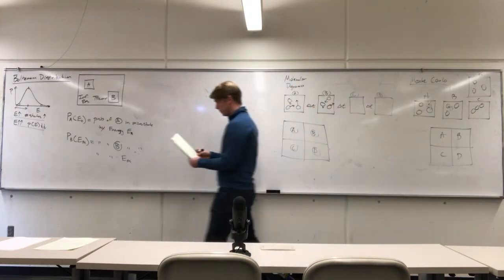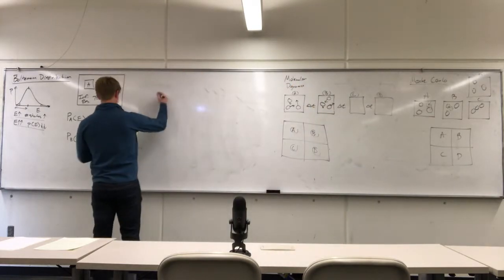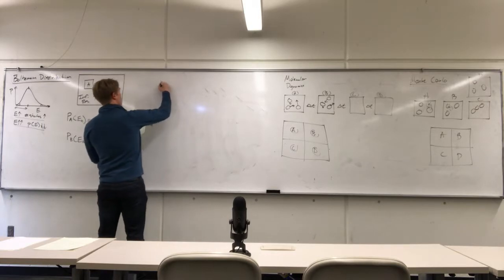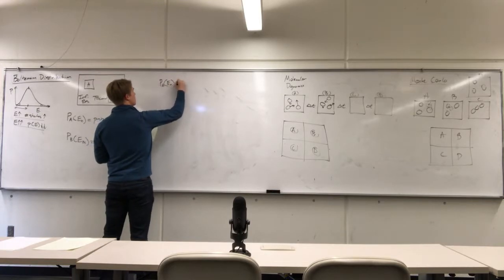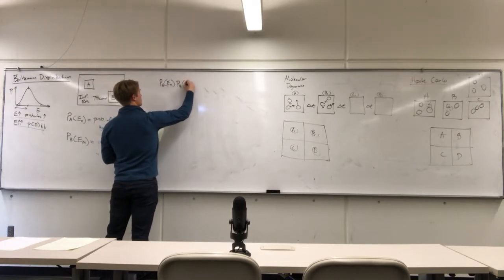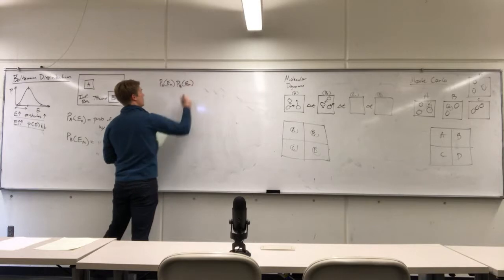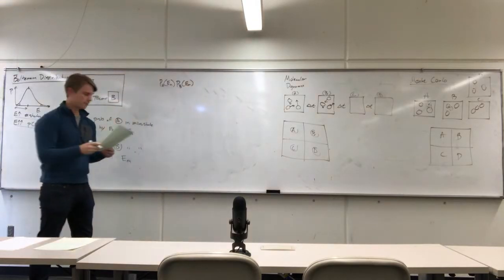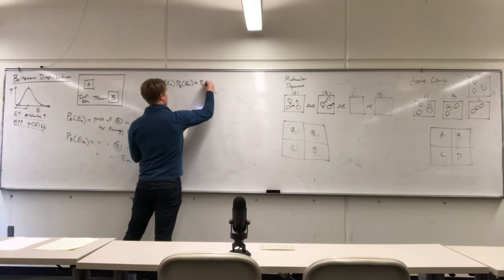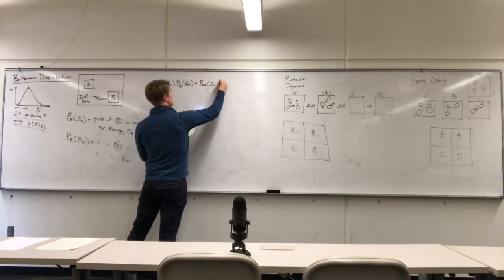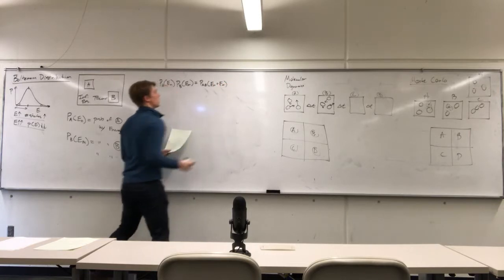Okay, so if we combine these two, the probability that system A is in a state with energy En multiplied by the probability that system B is in a state with energy Em is going to be the same thing as the combined system of A and B being in an energy state that is the combined energy.